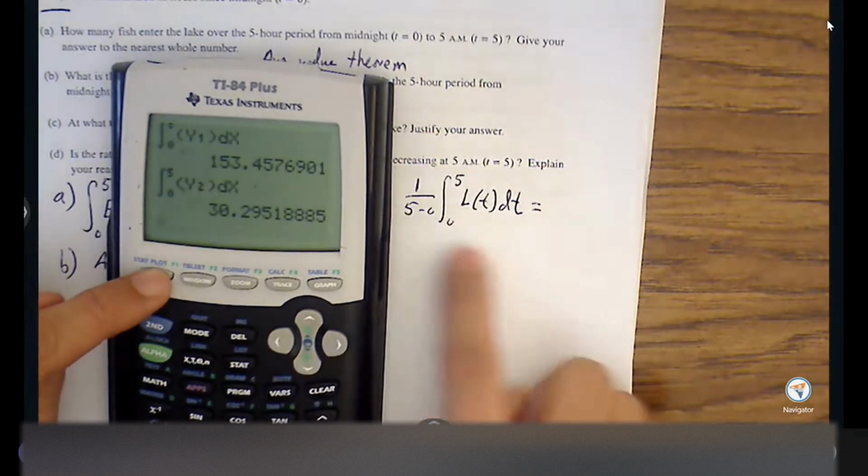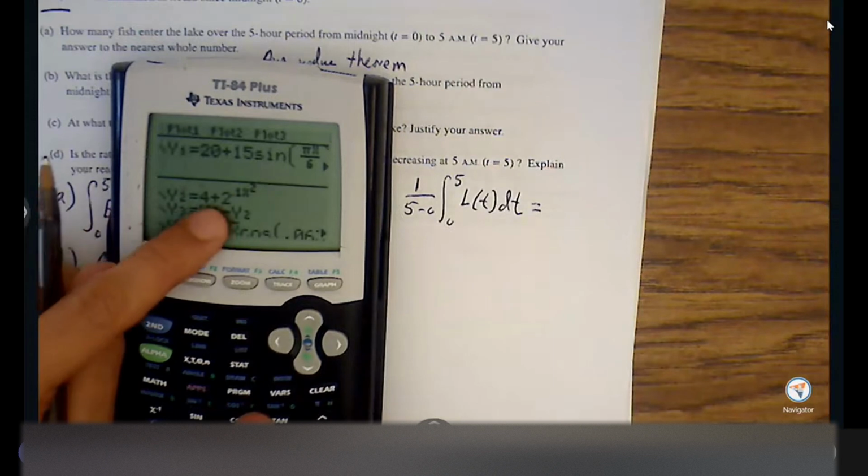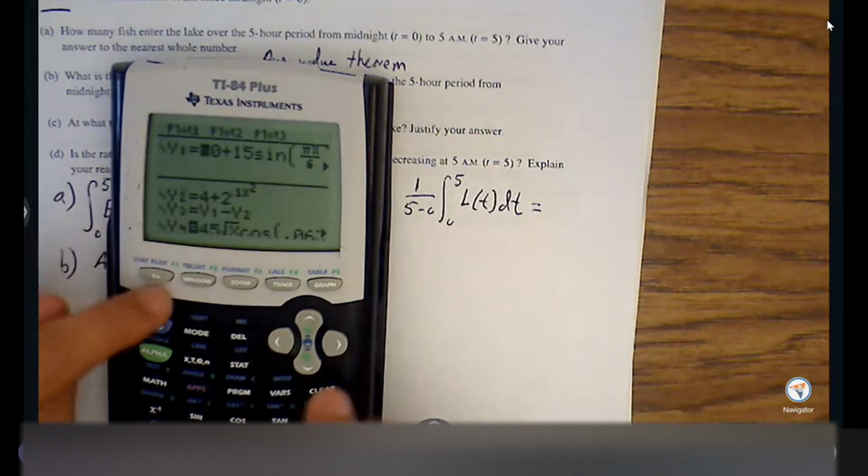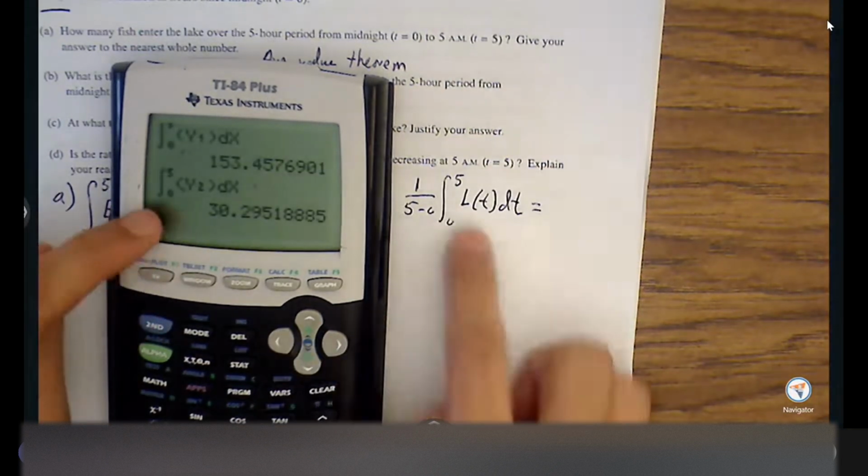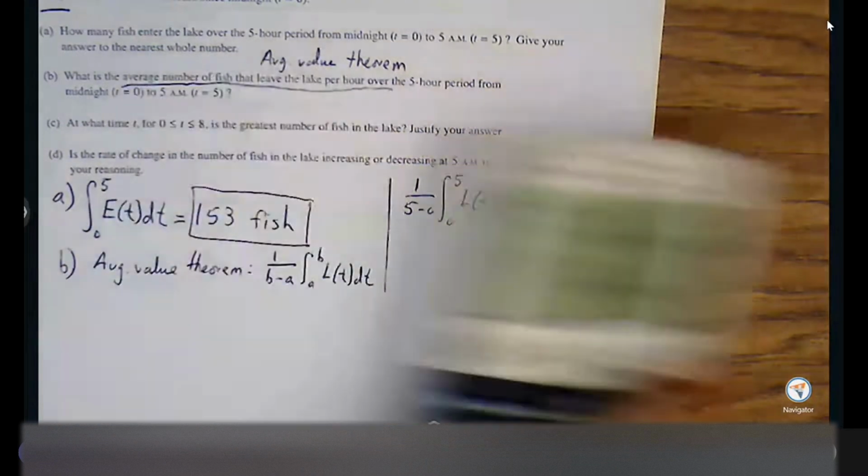And I'm taking that integral, I'm going to divide it by 5. So under y2, I have my L of t. I'm taking the integral first. I don't want to forget about that 1/5. Oh, I keep doing this.